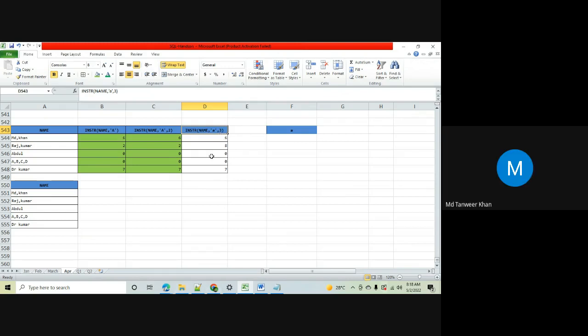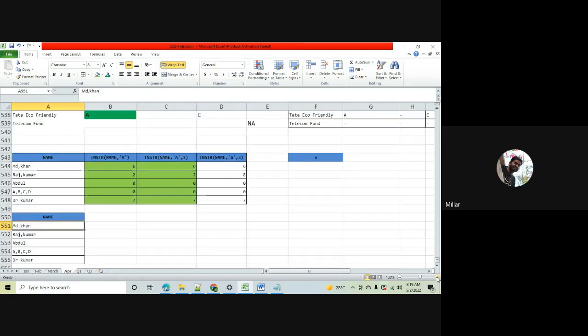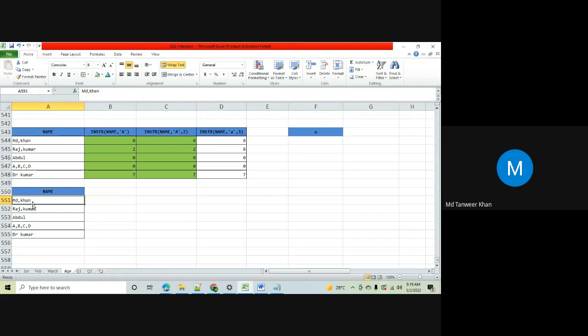Am I correct, guys? Comma 3 means you are starting from the third position. The same concept I taught you in substring as well. So which one is the third position here?